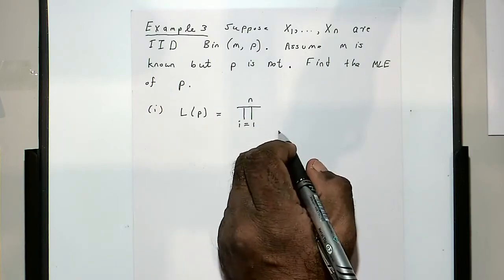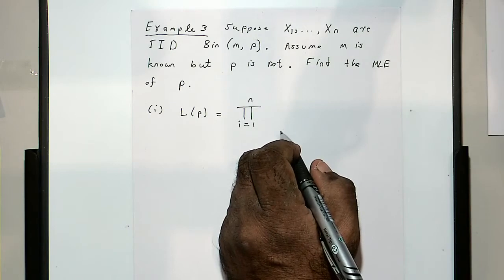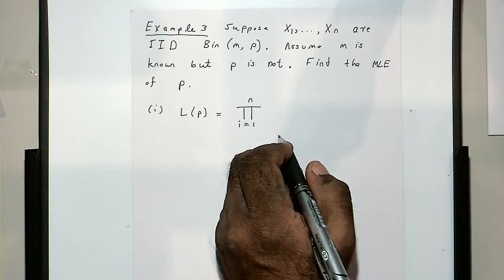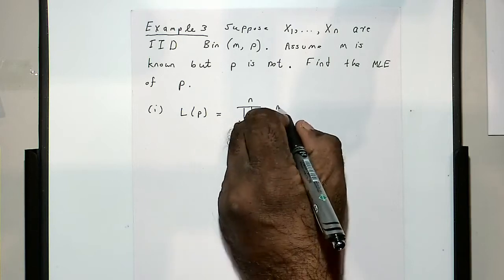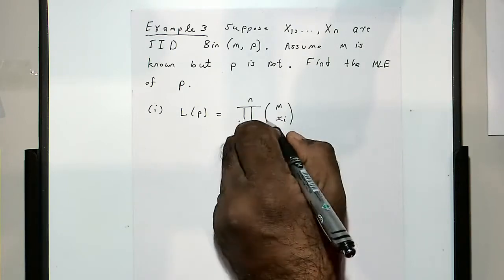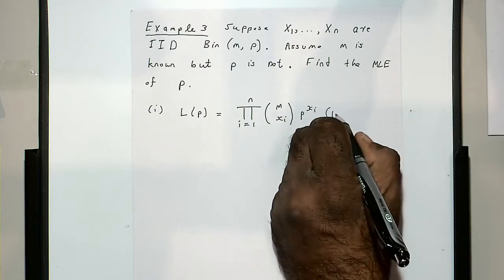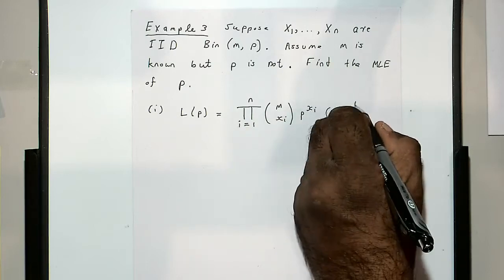I'm sure you remember the probability mass function of a binomial. What's that? It is m choose xi, times p to the power xi, times 1 minus p to the power m minus xi.